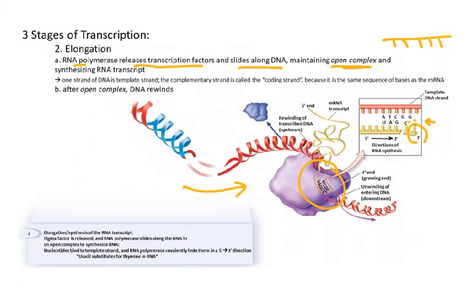And the exposed areas of nitrogenous bases are the ones where, now that they're exposed, these free-floating RNA nucleotides will be able to come in and form those hydrogen bonds, stabilizing them near where they need to be. And then RNA polymerase will come along and polymerize these nucleotides into a chain of nucleotides, but this time it is RNA nucleotides. This is going to be called the RNA transcript.